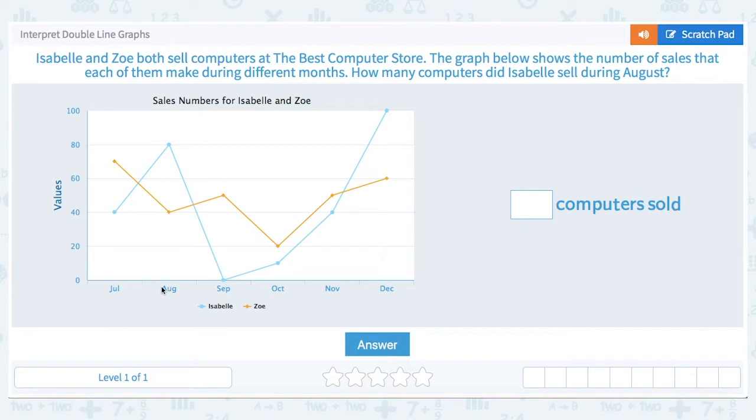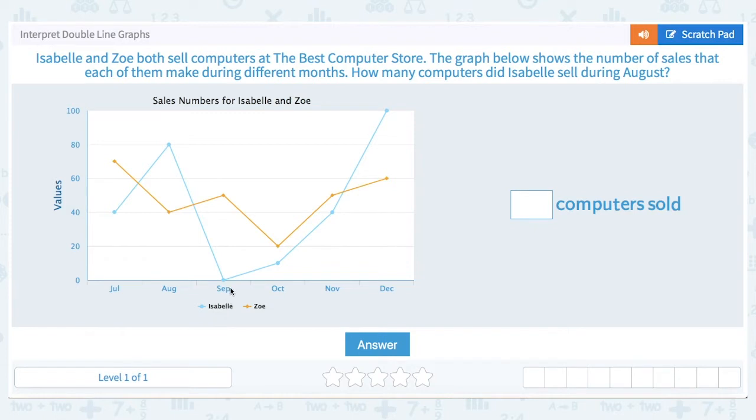And then along the horizontal line, we have several months. We have 6 months shown here. The orangish yellow line represents Zoe's sales, and the blue line represents Isabel's sales.